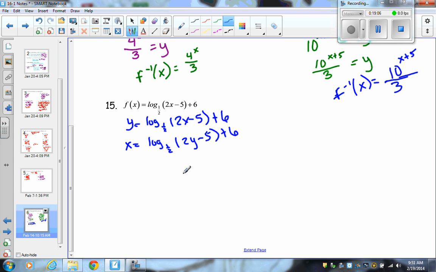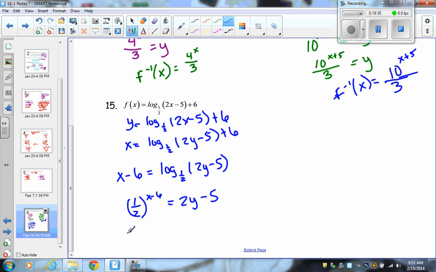The opposite of addition is subtraction, so I'm going to subtract 6 to the other side. And now since I just have a single log on the right side here, I can take it from log form to exponential form. So that's going to give me 1/2 to the x minus 6 equals 2y minus 5.